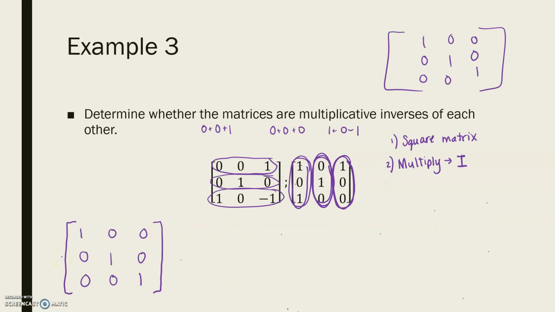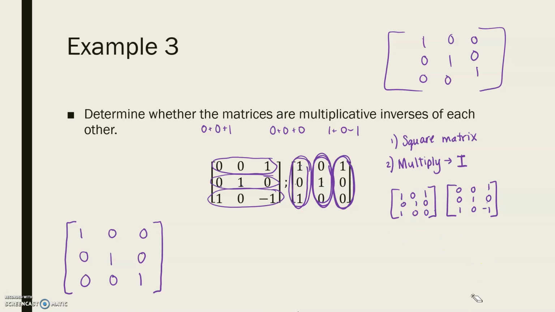But now remember, I have to flip it around and I have to multiply them the other direction. So I'm going to just rewrite this. We can't just assume that because it works for one of them that it's going to work for all of them. So we do need to go ahead and multiply these together.